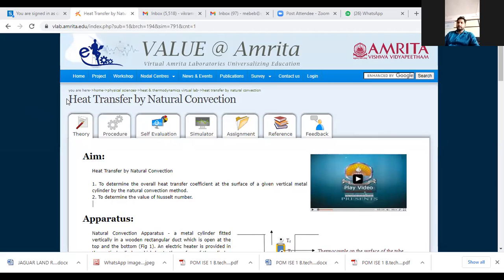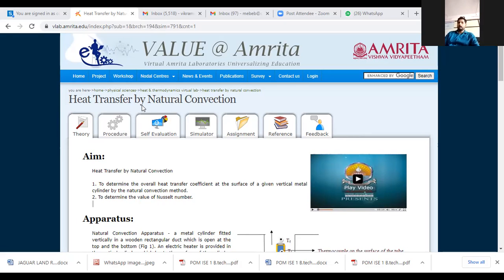Today we are going to discuss the next virtual lab on the heat transfer subject, that is nothing but heat transfer by natural convection. We have already discussed one virtual lab, on thermal conductivity of material, and we conducted that virtual lab experimentation part in the previous session.